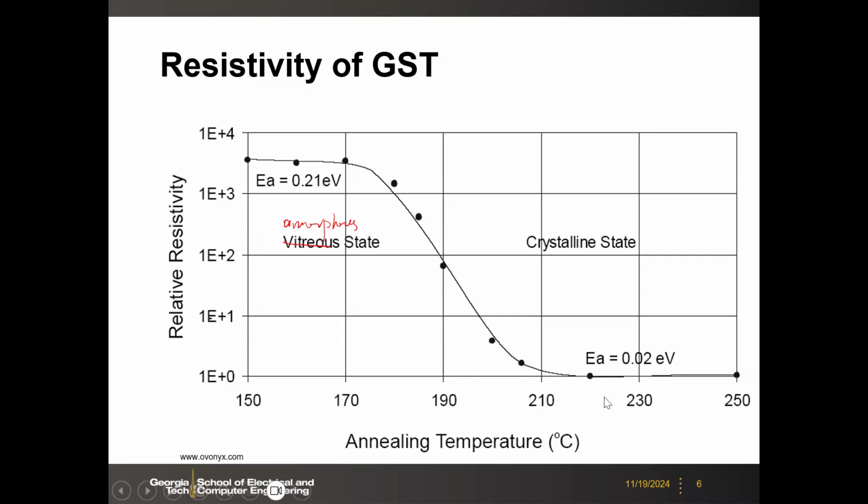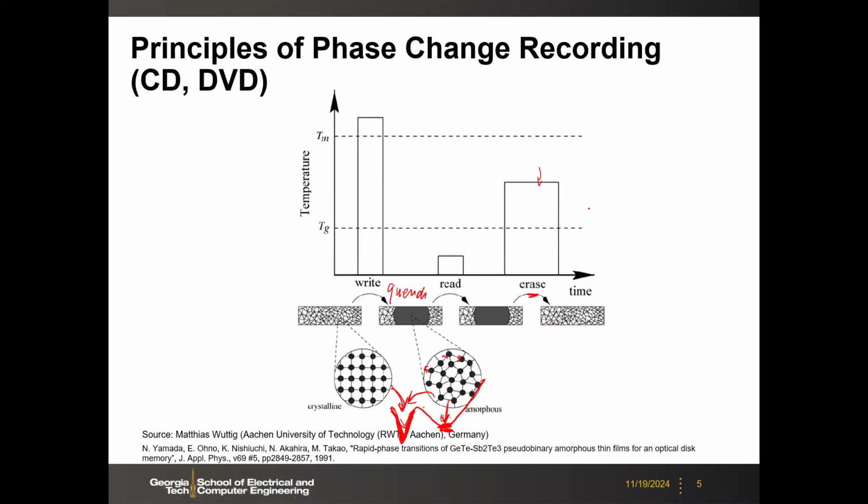Here, the crystallization temperature is like 200 C, something like that. And then this one will be like 400 or even 500 C, okay? So you have those two temperatures.